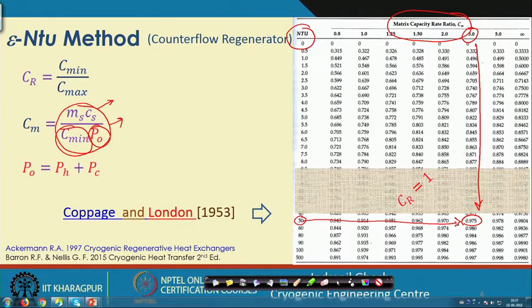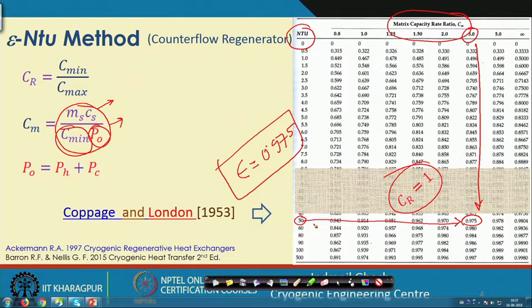So, the regenerator effectiveness is 0.975 corresponding to a value of NTU equal to 50 and Cm equal to 3. Now, this particular solution has been obtained for Cr equal to 1, when the regenerator is in balanced condition, or C min by C max is equal to 1. So, we will try to understand how best we can utilize this chart for designing and simulating the regenerators.